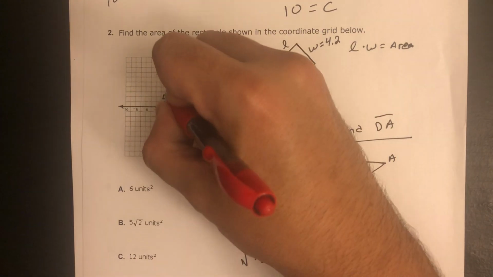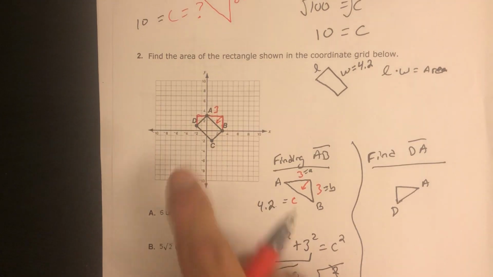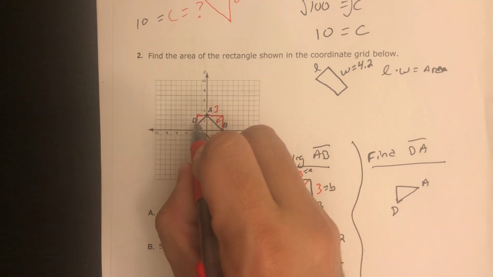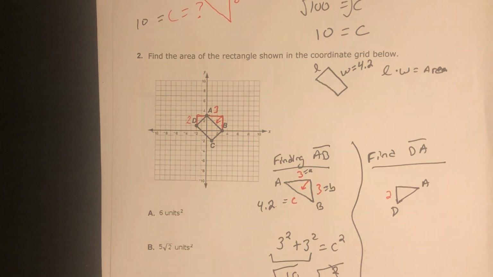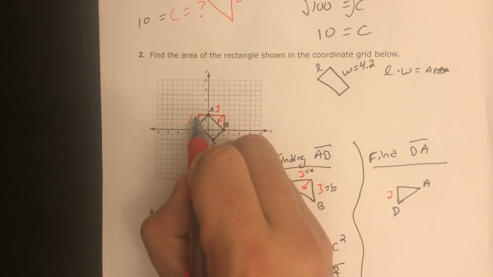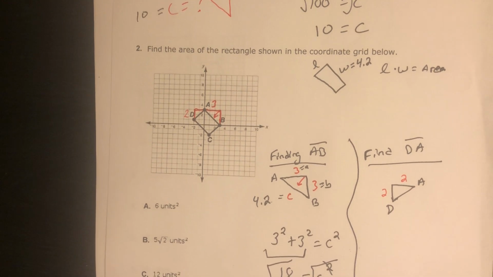If I draw my right triangle right here, going from D to the corner, that's 1, 2, so 2 units. And then from the corner to A, that's 1, 2, also 2 units.